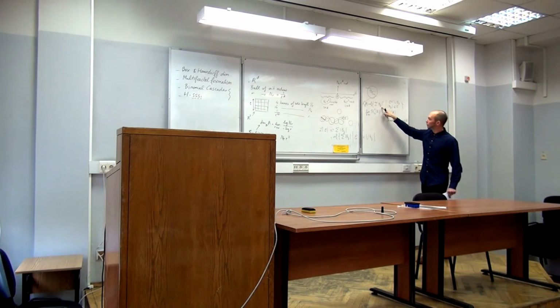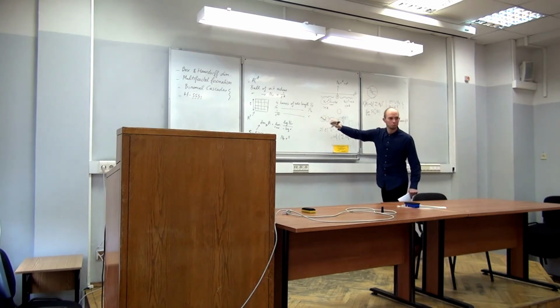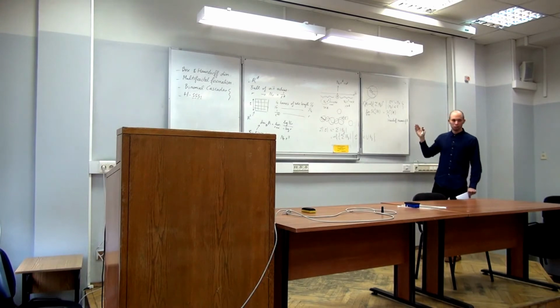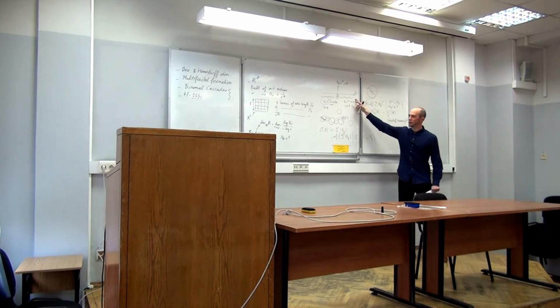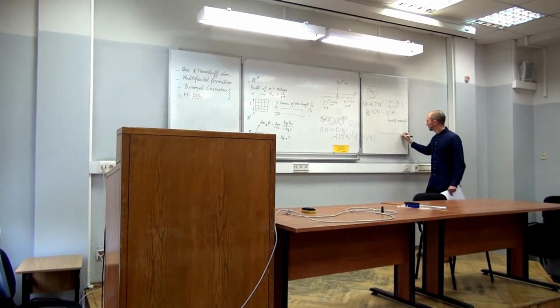The weight is given by the radius to the power S, and the radius is variable. Here the radius is fixed. So there is a difference, but anyway, there is an analogy, and you would expect, and it's the case, that the Hausdorff measure of A behaves in a similar way as this. And in fact, it's true.